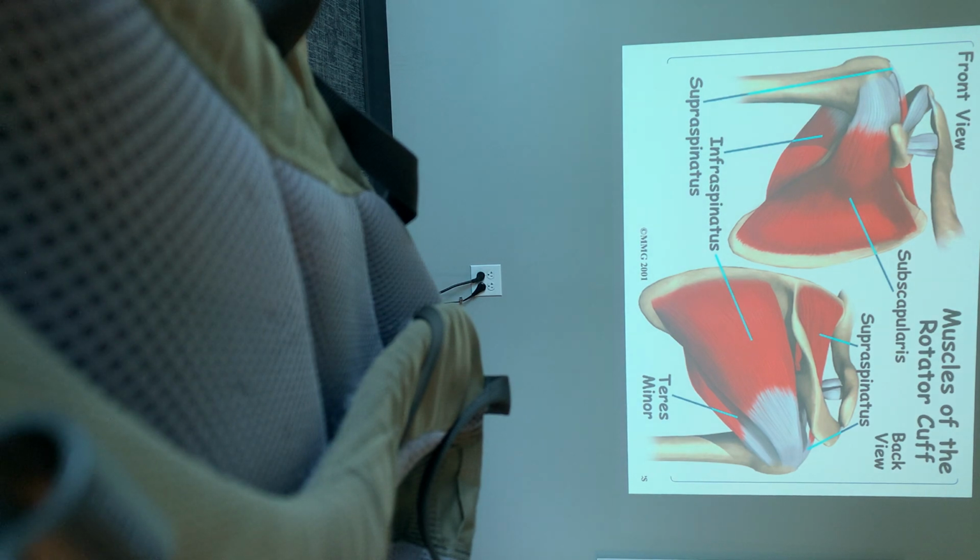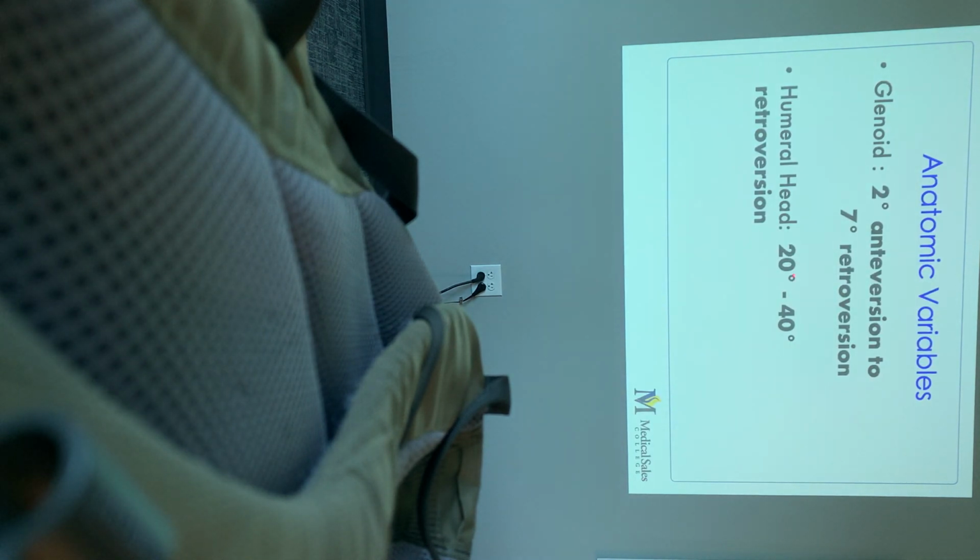Okay, so retroversion of 30 degrees, anteversion, a range for the glenoid, but not a lot. That's not a lot of differentiation compared to this. And of course, the neck angle of the humerus is what? 135? Yeah, okay.